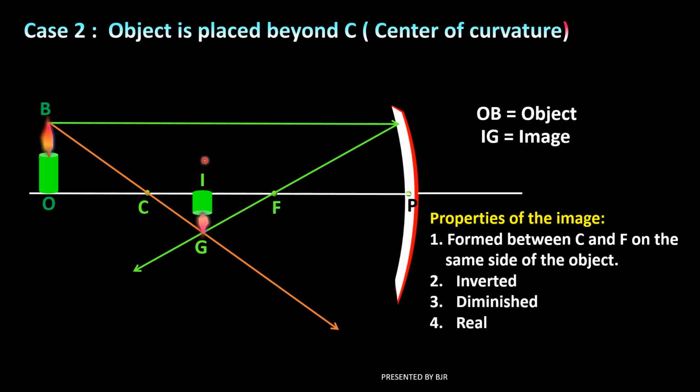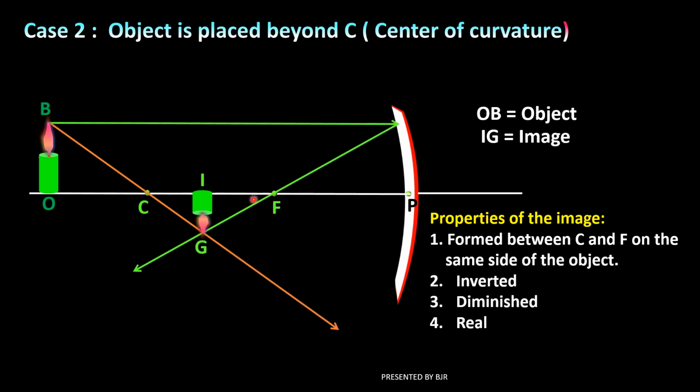Real, because if you hold a screen here, you will get the image on that screen. That means this image can be caught on the screen. And I will tell you one thing, whenever the reflected rays meet themselves, that means they are crossing themselves, at that time only the real images will be formed.